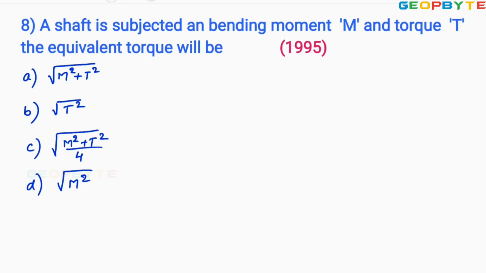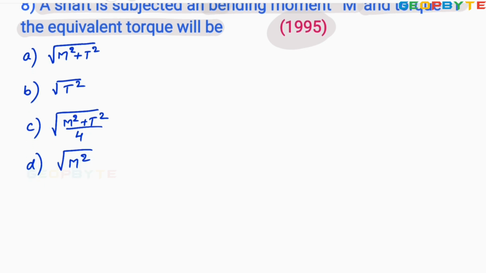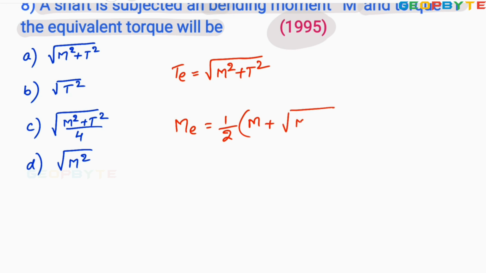Look at the 8th problem given in 1995 like this. A shaft is subjected to a bending moment M and torque T. The equivalent torque is, remember my dear friends, when the shaft is subjected to both torque and bending moment, equivalent torque T equal to root over M square plus T square and equivalent bending moment MA equal to half into M plus root under M square plus T square.